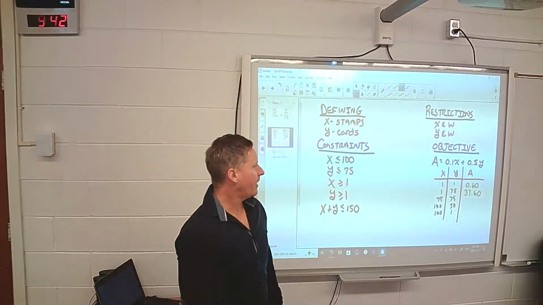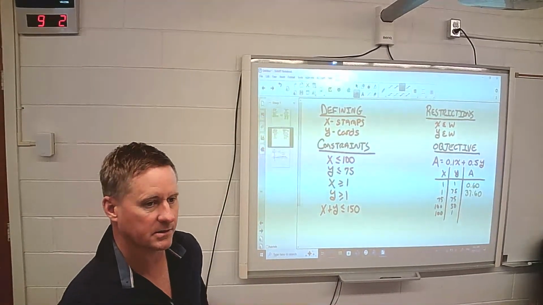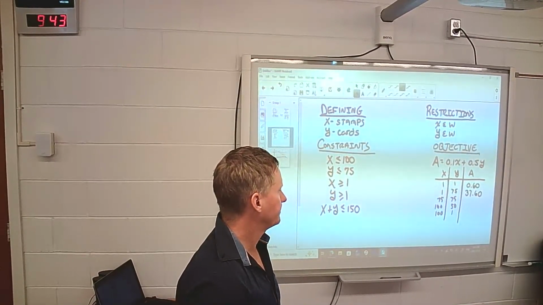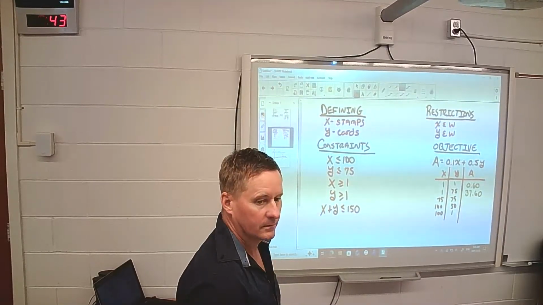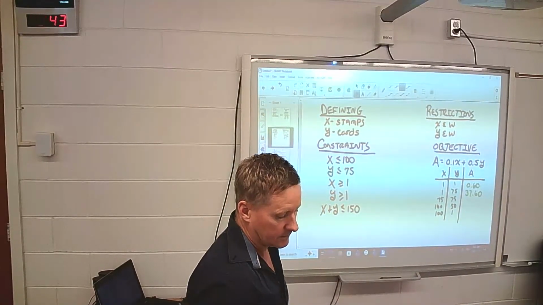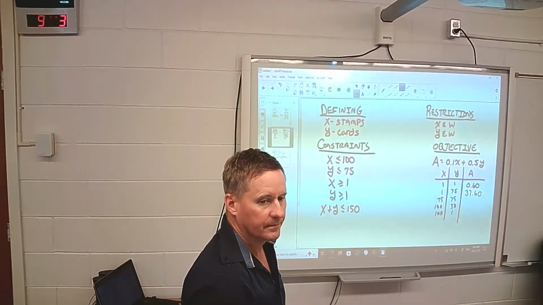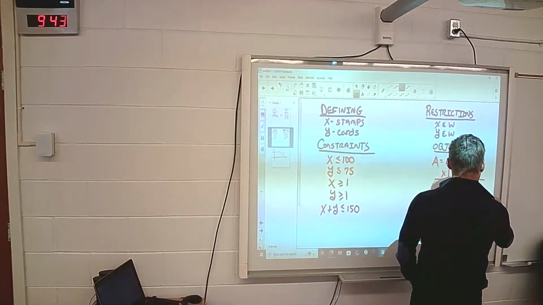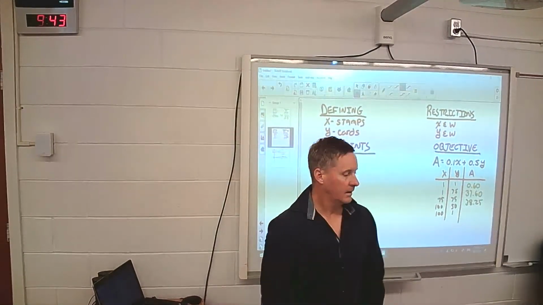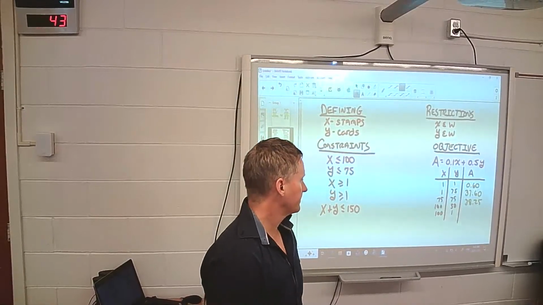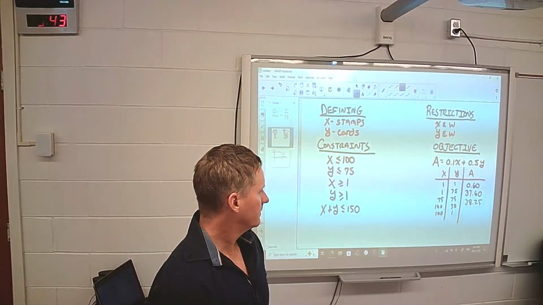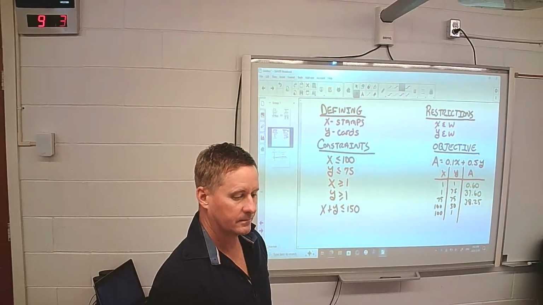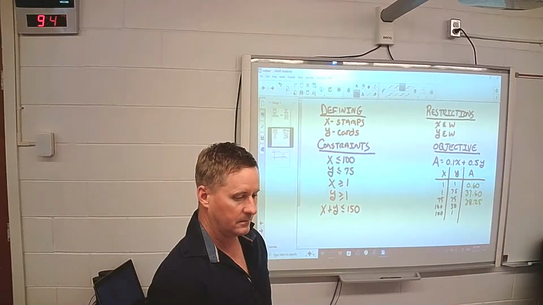All right. 75 stamps, 75 baseball cards. How much? 38.25. Okay. 150. $35.